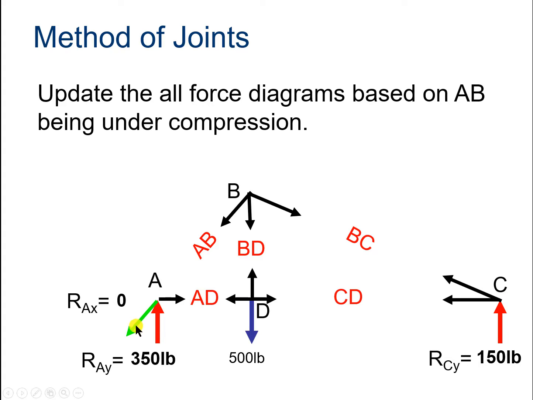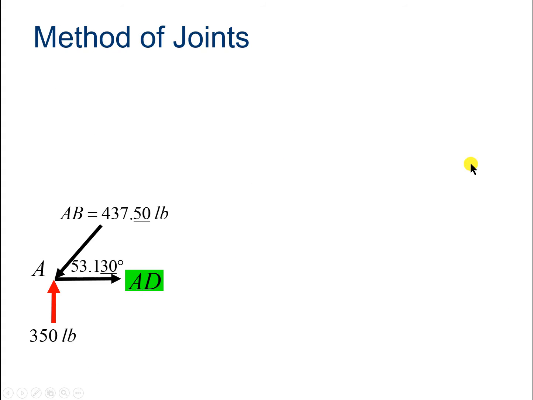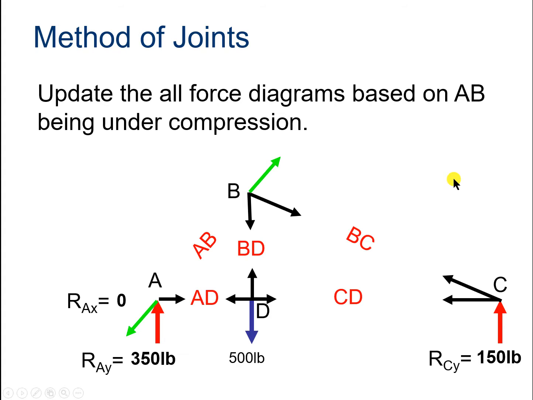So the green one now is the force due to the member here. And since this long bar is connected, the same force would be going in that direction as well, or at least acting at B as well.